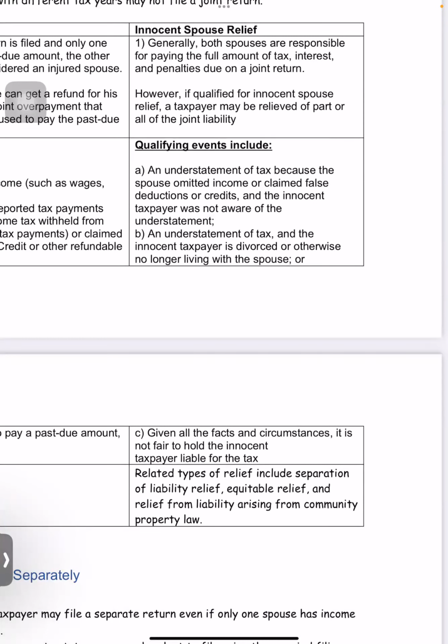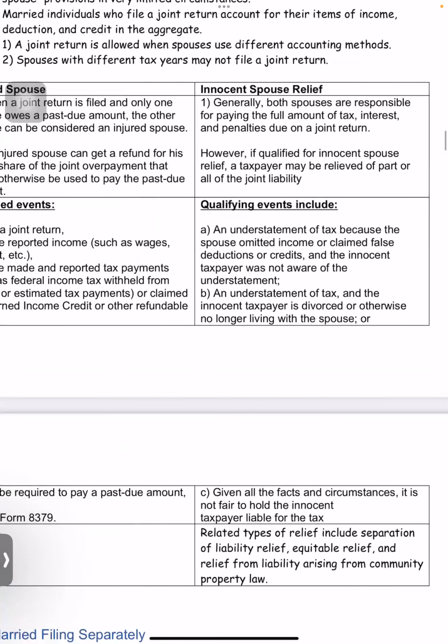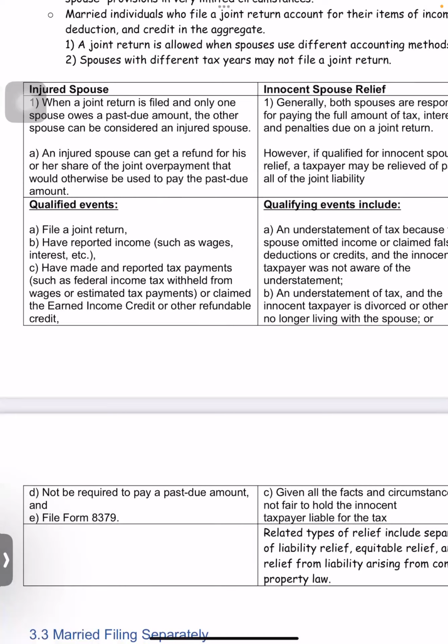Let's say they are filing separate returns, and if some notice is coming, the spouse can straight away say that I am not liable for this, because I am not earning that income. So she can opt for innocent spouse. But for injured spouse, a separate return is not compulsory. You have to file an MFJ, and only then can you go for injured spouse.